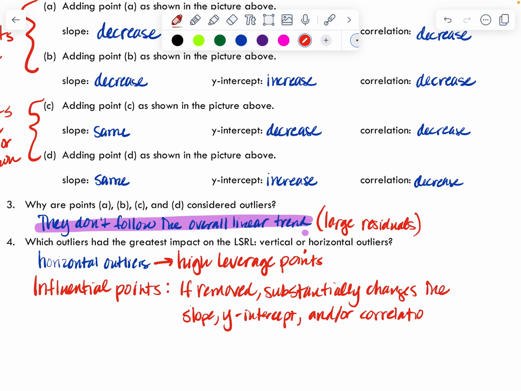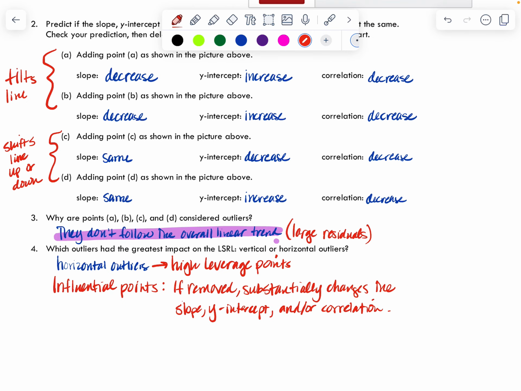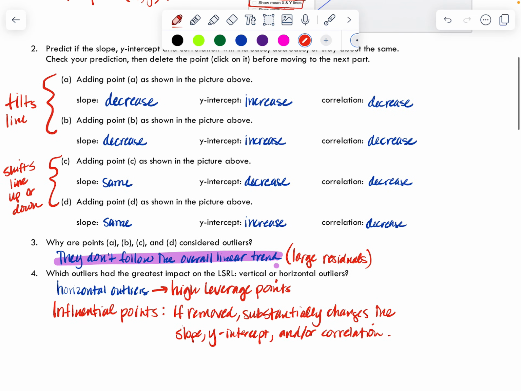So it can change all three, it can just change one of them, it can change a couple of them, but outliers and influential points will often change the correlation substantially. Sometimes it makes it stronger, sometimes it makes it weaker. We saw earlier that if we add an influential point that's in the pattern, it can increase that correlation significantly, even though it would not be an outlier.